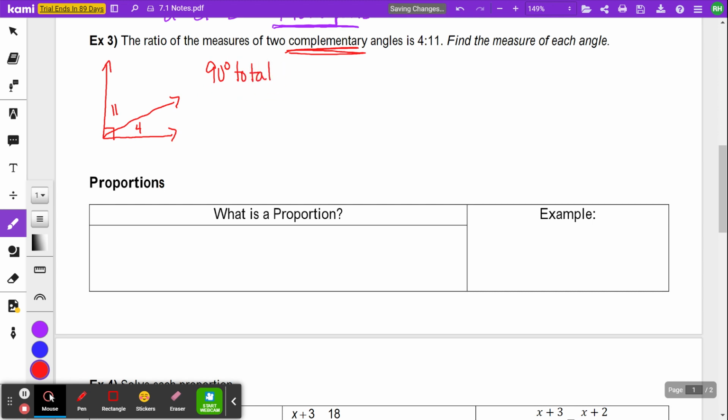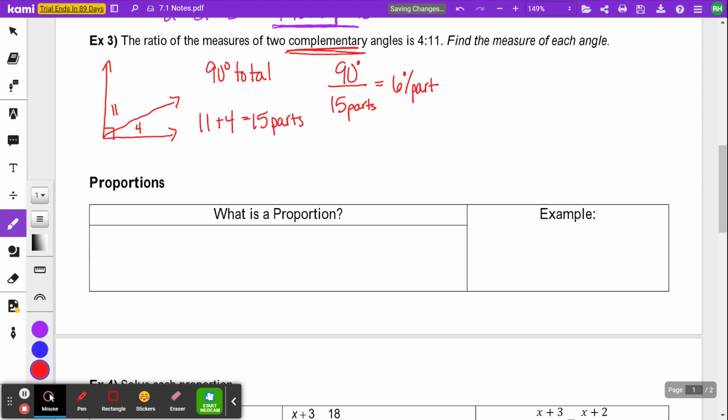Remember, you have to figure out how many total parts you have by adding them together. So 11 plus 4 gives me 15 parts. So then I'm going to divide 90 degrees by 15 parts, which means that each part is 6 degrees.